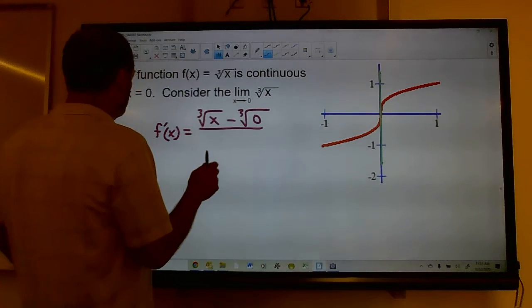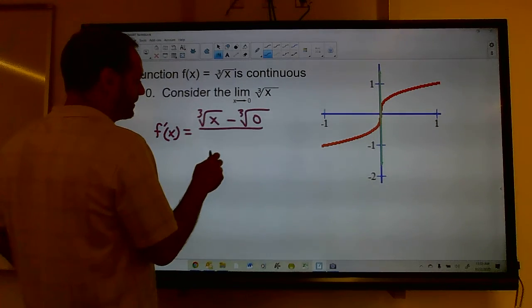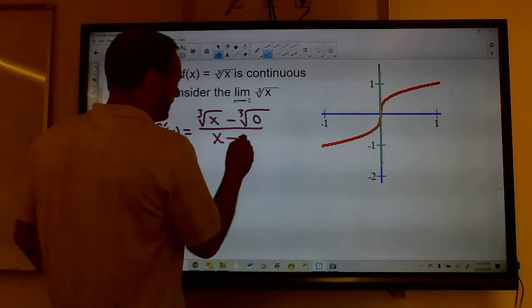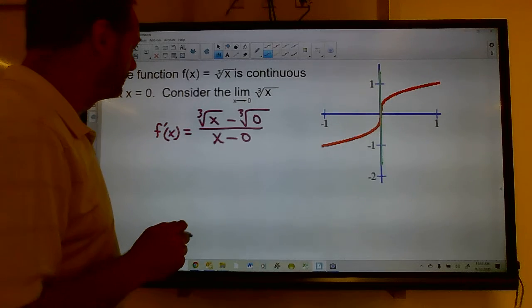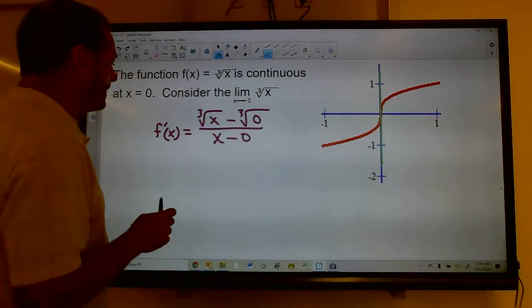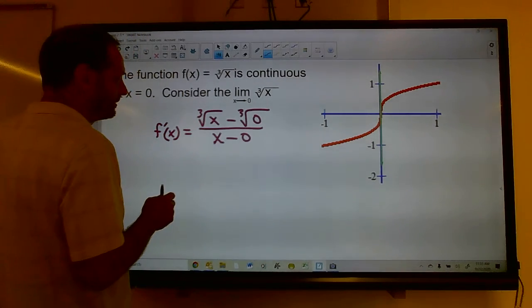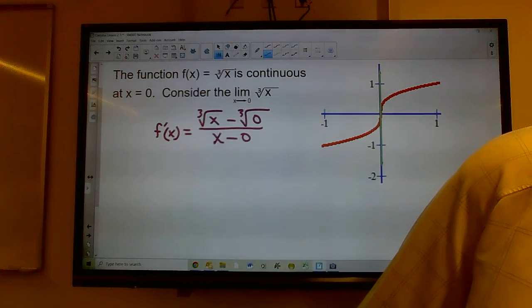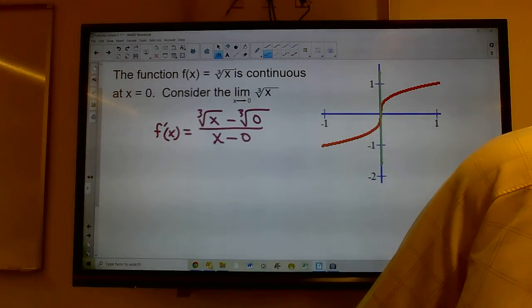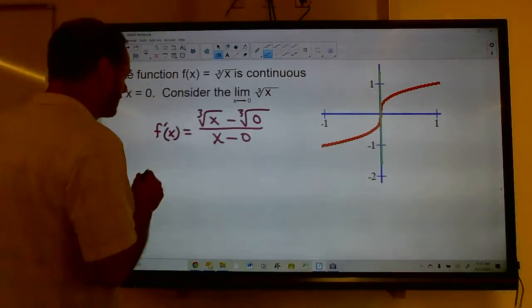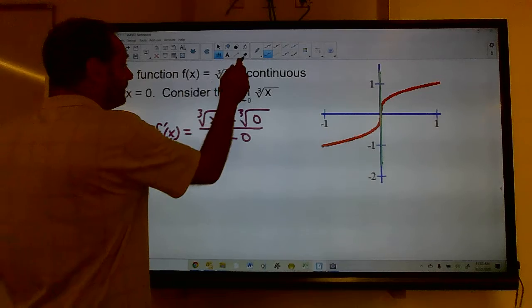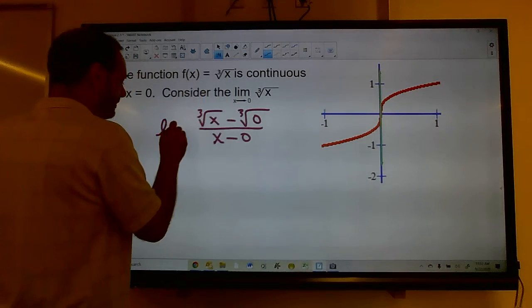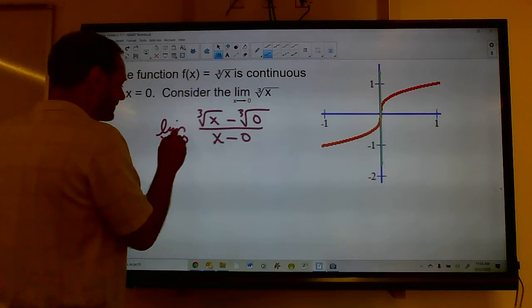And I divide by the difference in the x coordinates, so that's going to be x minus 0. And I want to take the limit of that as x goes to 0.